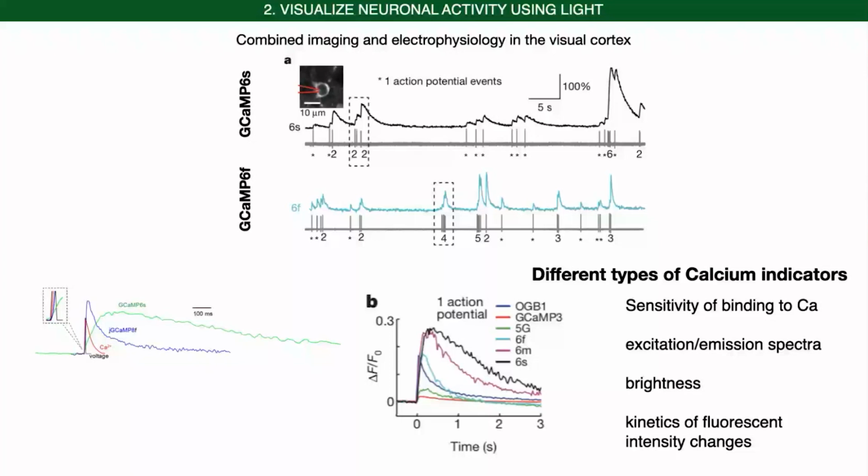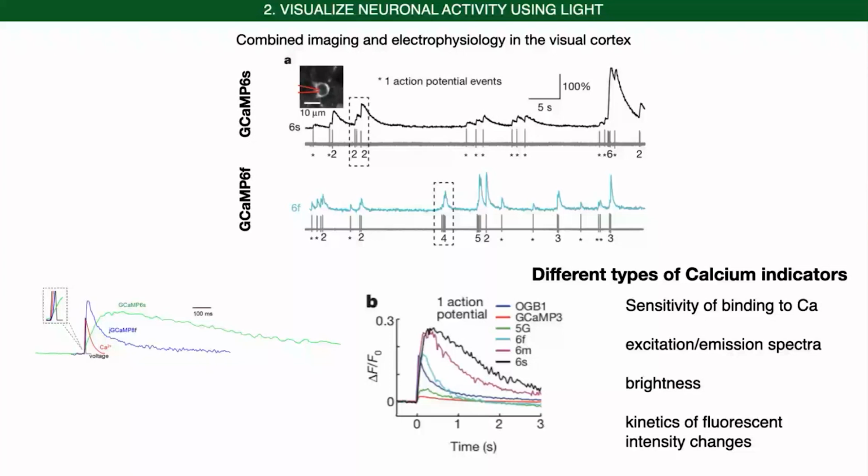So in this graph in B, you can have different types of GCaMP, so of calcium indicators, with different kinetics. And depending on the type of experiment that you are interested in, you may consider using different calcium indicators.